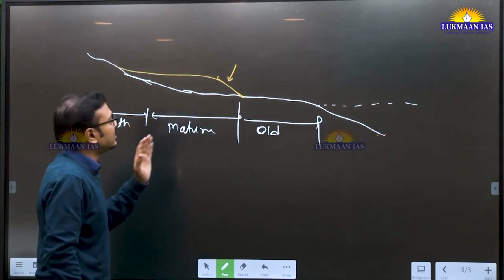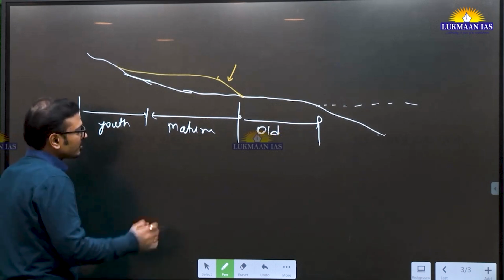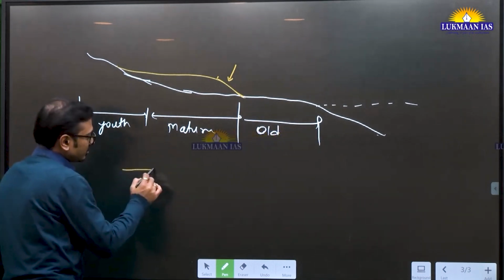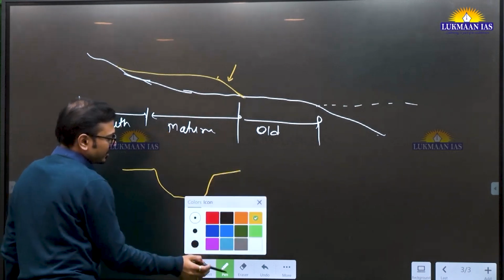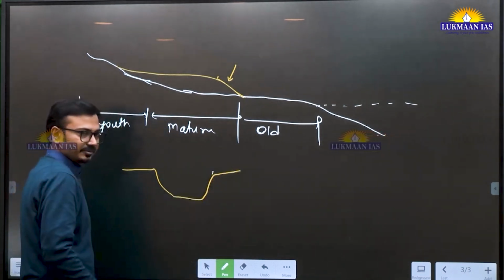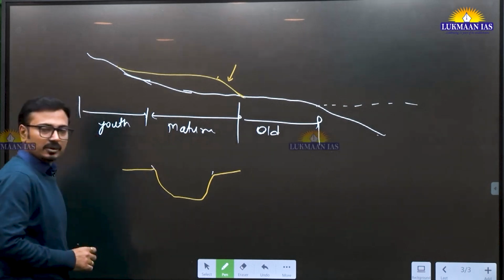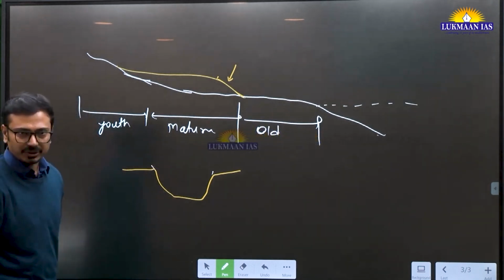Now how do they result in paired and unpaired terraces? Pay attention here. Suppose at present the river has this channel, and these are the banks of the river. Now suppose there is rejuvenation of this river at this location.